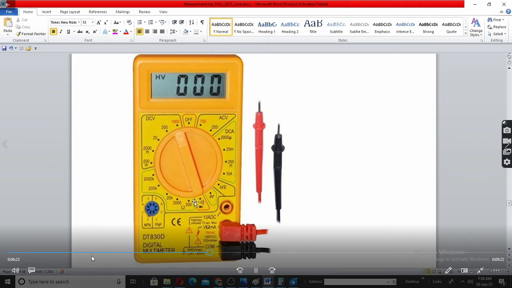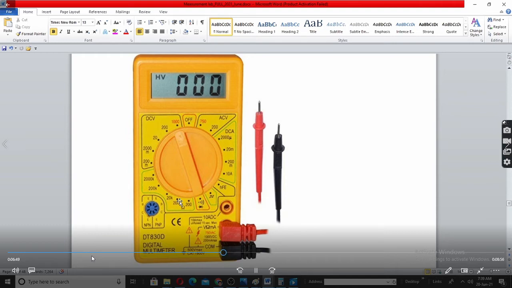When you are going to use it as an ohmmeter, select the range and connect the leads to the respective terminals of the resistor. But during resistance measurement, there should not be power in the circuit.